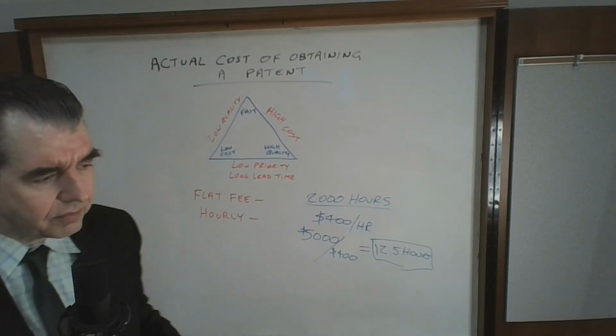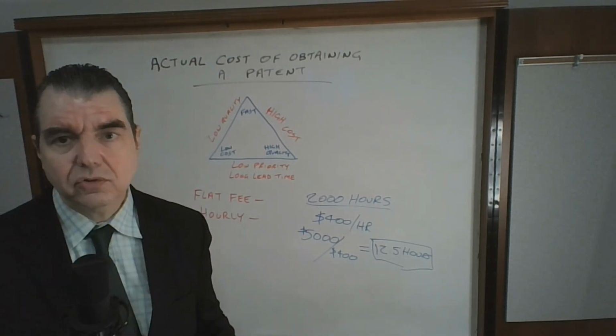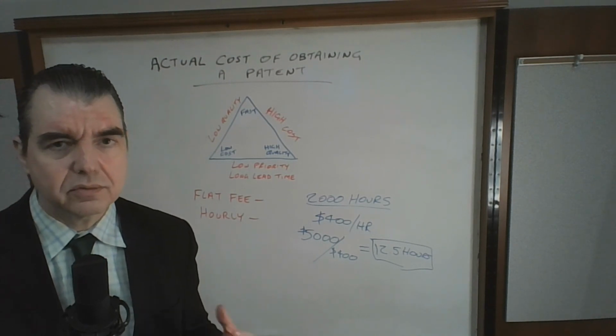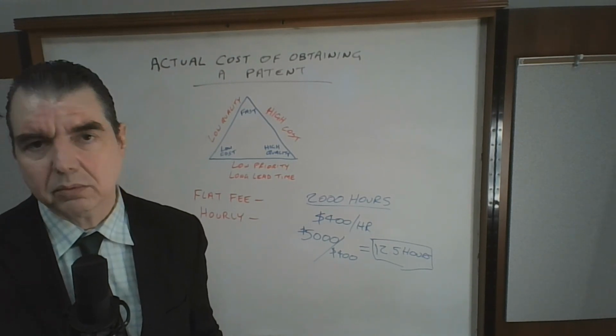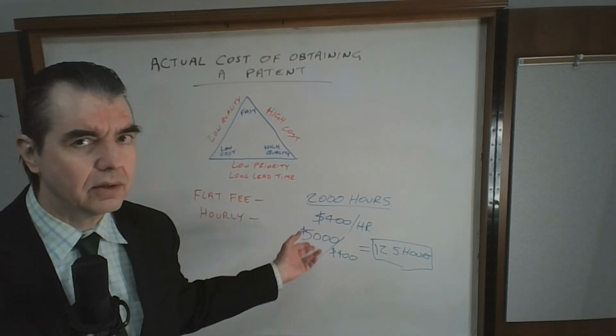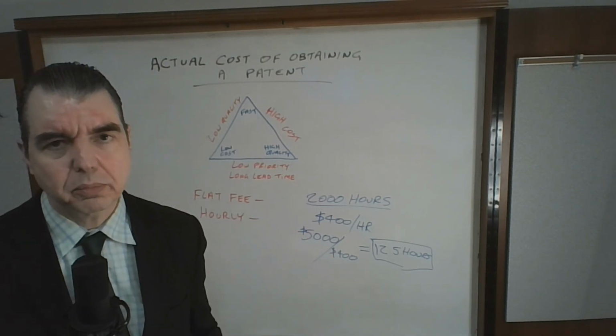But again, this $5,000 number I'm giving is just an example number, and this number could vary based on the complexity of your application. Maybe some firms can produce a patent application at less than this, and maybe some law firms would produce it at more.